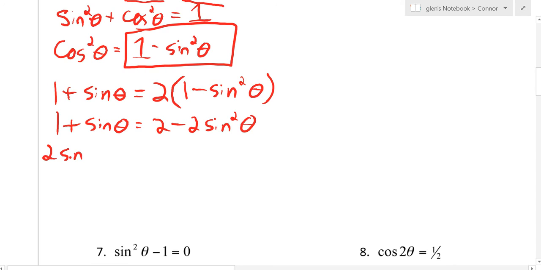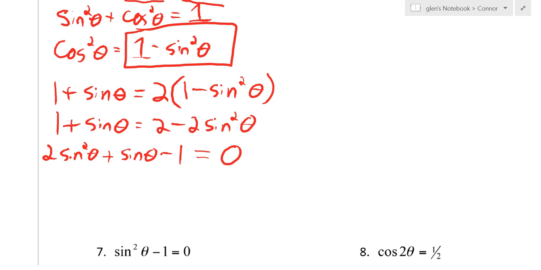So that is 2 sine squared theta plus sine theta minus 1 equals 0. Okay? I'm subtracting 2 from both sides, which gives me a negative 1 on the other side. And I'm adding 2 sine squared to both sides, which makes it positive on the left. Okay?